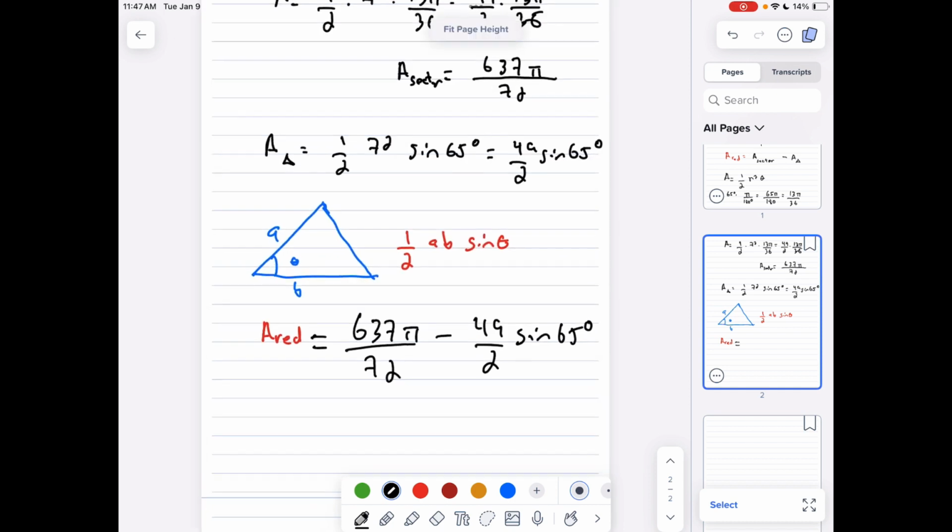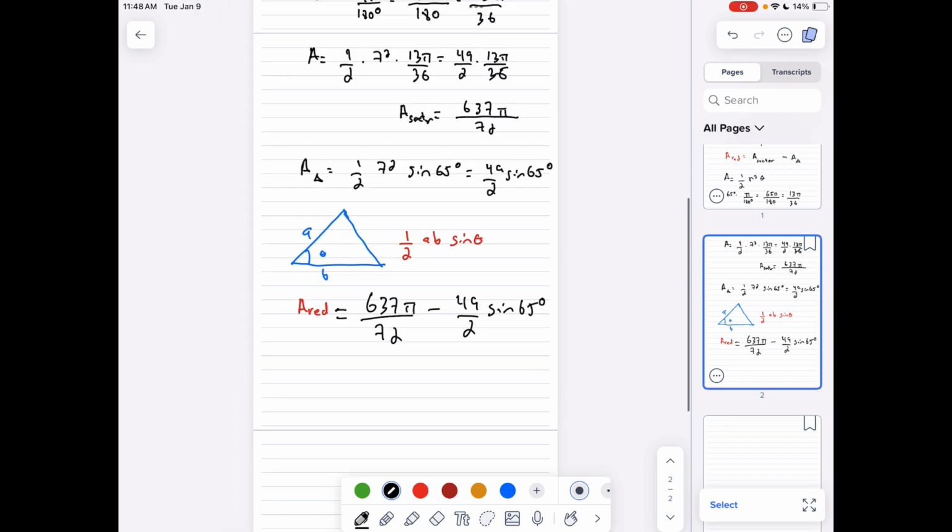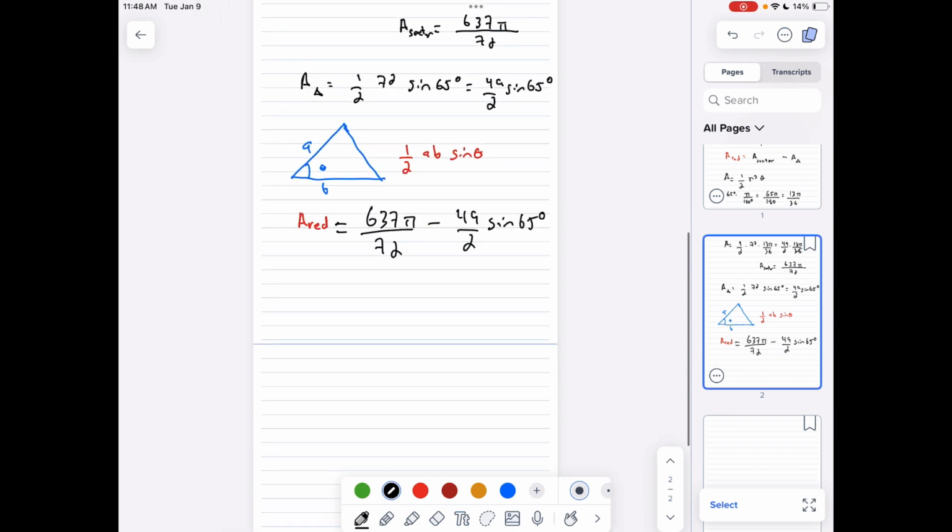You could obviously put this into a calculator and round this to some number if you prefer, instead of an exact answer, and I'll let you do that. But that's the way we would go about finding the area of a section of a circle that is equal to the difference of two objects whose areas we know. So it was the area of the sector, which I like to think of as a slice of the pie, minus the area of a triangle.